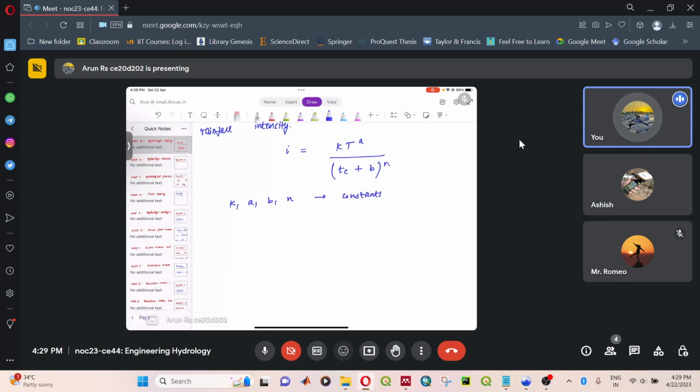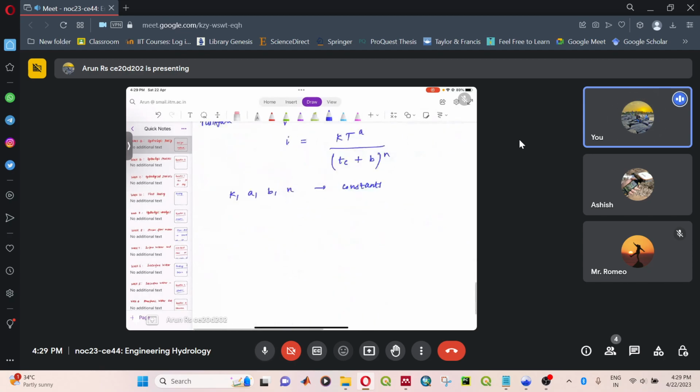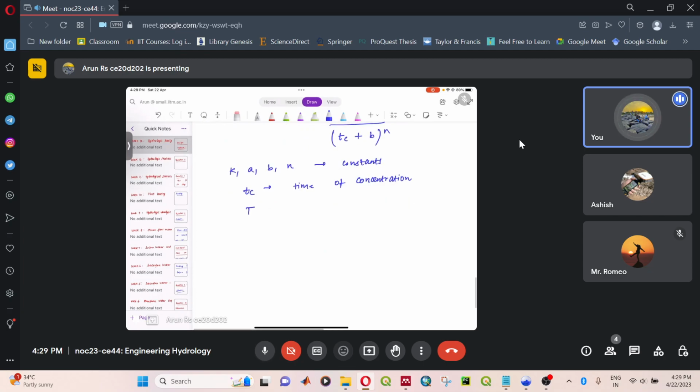So when you fit this IDF curve, you can get these constants, and then Tc is the time of concentration, and capital T is the return period.